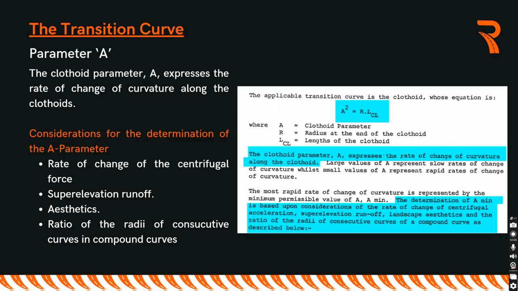So this means there are three main considerations that are going to be affected or determined by this parameter A. There's the rate of change of centrifugal acceleration, or the centrifugal force. There is also superelevation runoff. You'll be considering also the aesthetics for that matter.